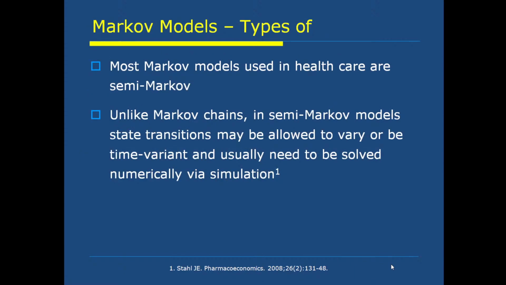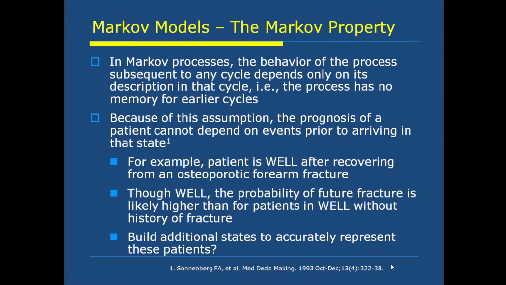Most Markov models used in healthcare are semi-Markov. Unlike Markov chains, in semi-Markov models, state transitions may be allowed to vary, or be time variant, and usually need to be solved numerically via simulation.